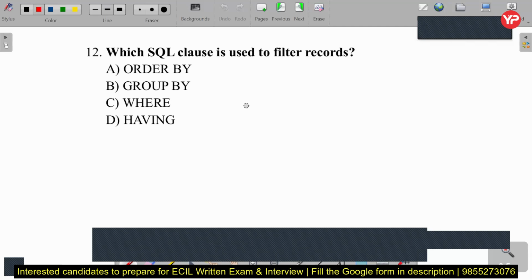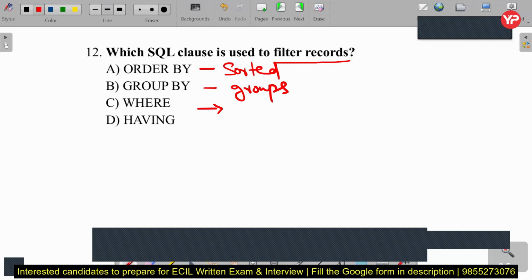Which SQL clause is used to filter the records? Now they are talking about filtering. Order by is used for sorting purposes. Group by is used for making the groups.